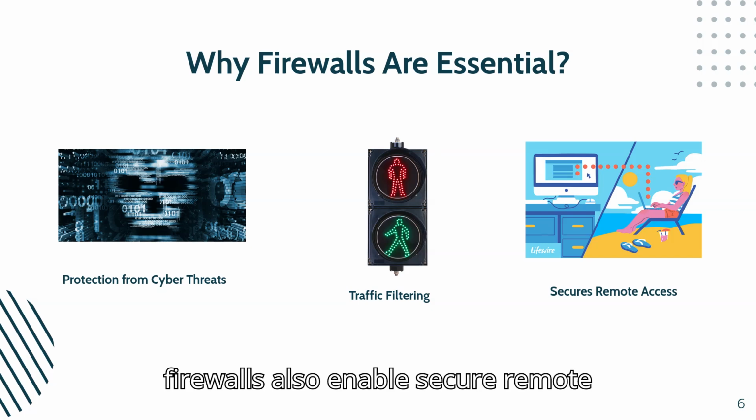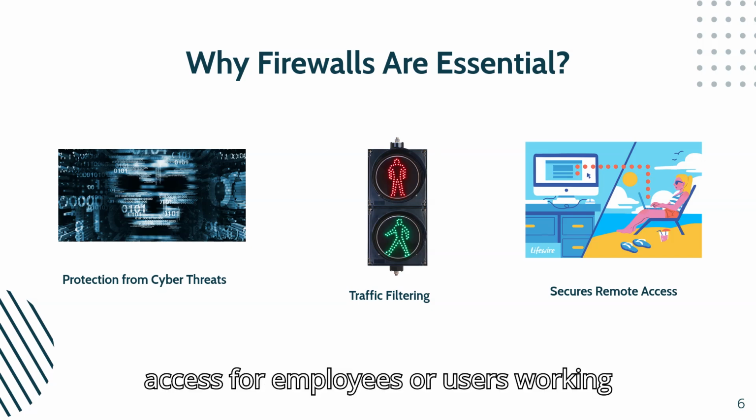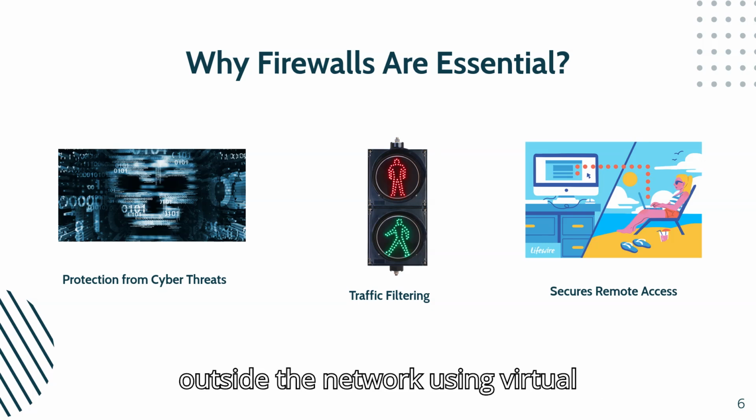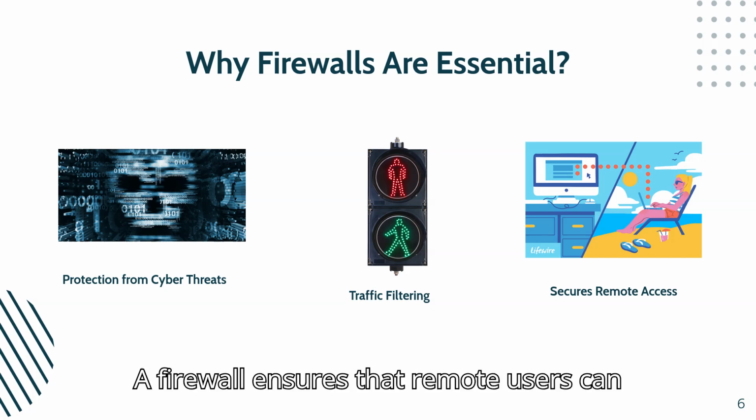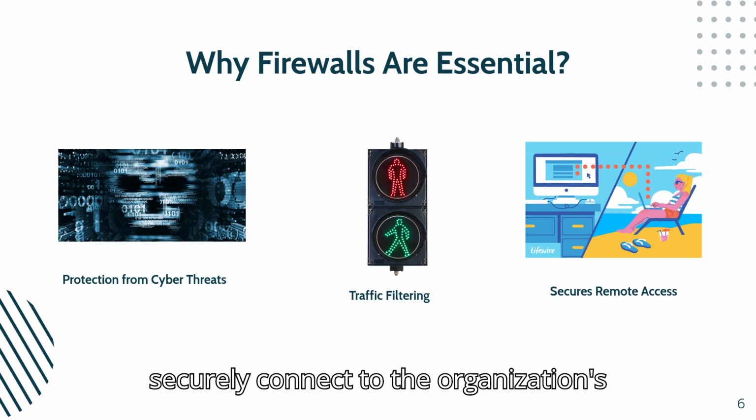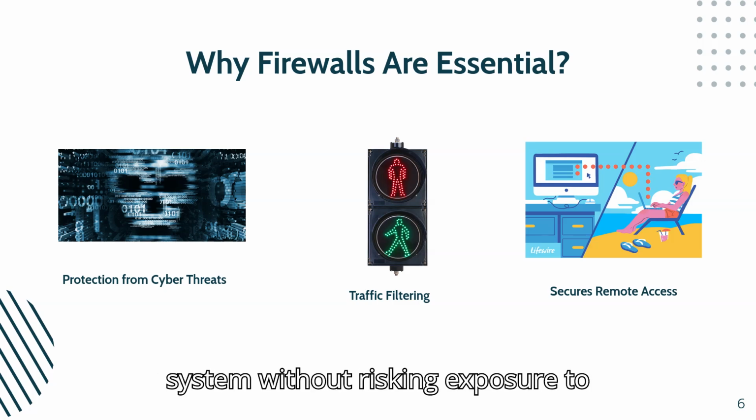Finally, firewalls also enable secure remote access for employees or users working outside the network using virtual private network capabilities. A firewall ensures that remote users can securely connect to the organization's system without risking exposure to cyber threats.